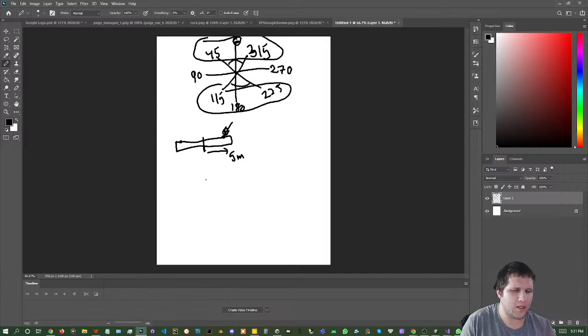And what we can do is we can see where the center of our cube is, and we can see where the center of our ball is. But we won't know the full length of our cube.